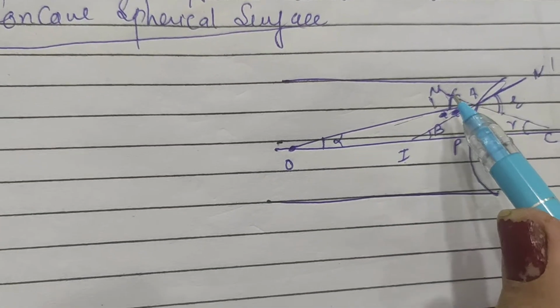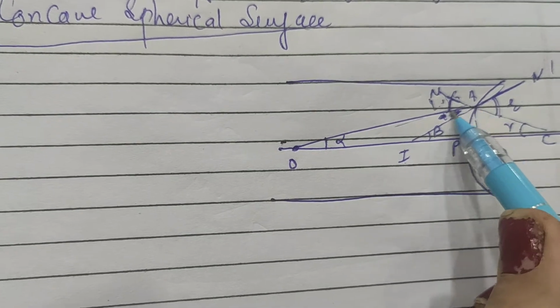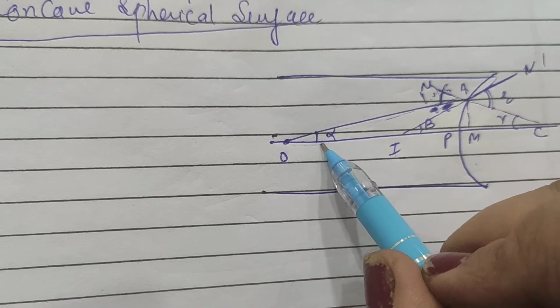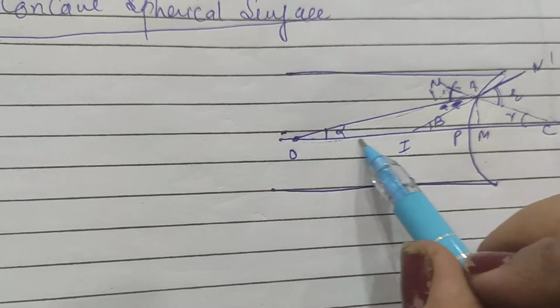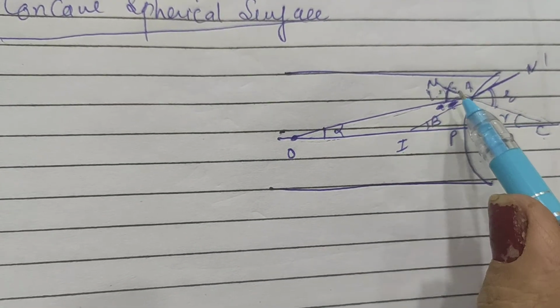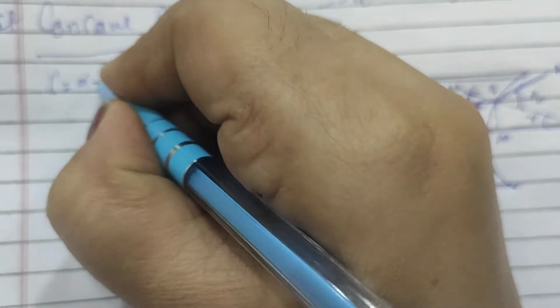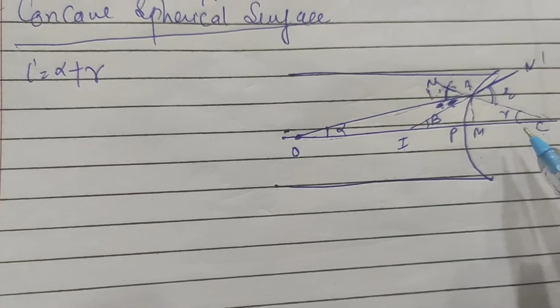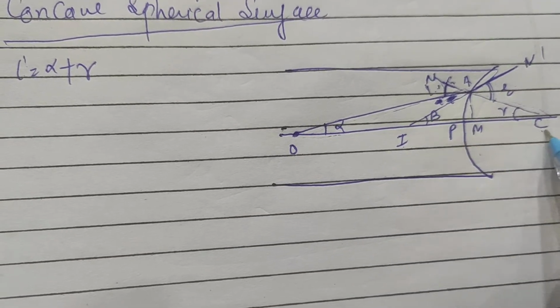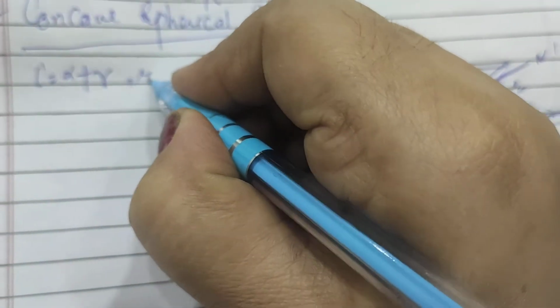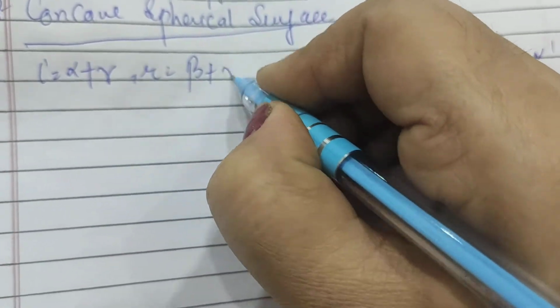Using the property, we can find here that this angle i is the external angle of triangle AOC. So we can write i is equal to alpha plus gamma, and r is the external angle of AIC, so r is equal to beta plus gamma.